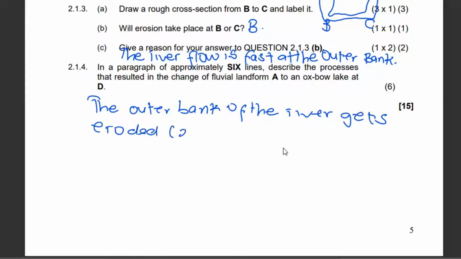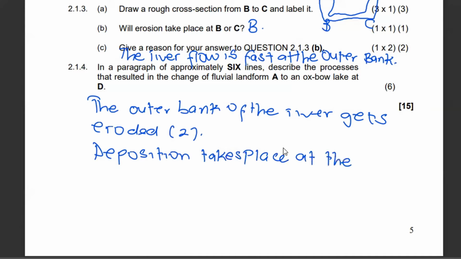You get 2 marks for that. And then you also talk about how deposition takes place at the inner bank.